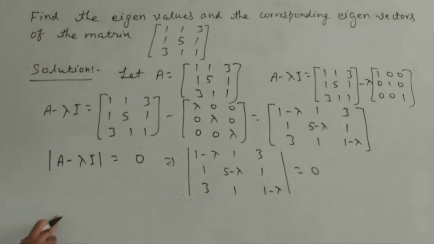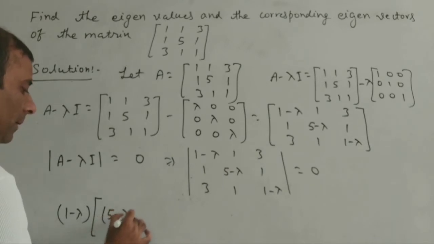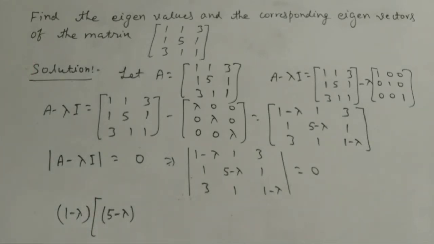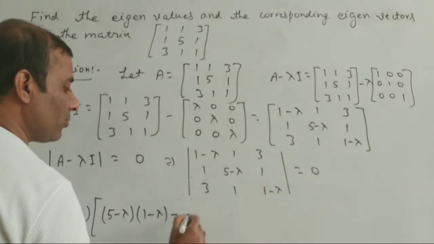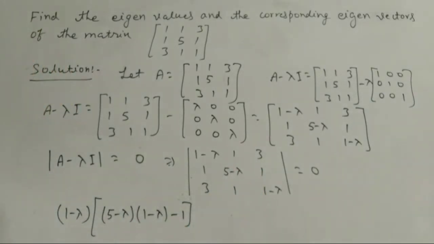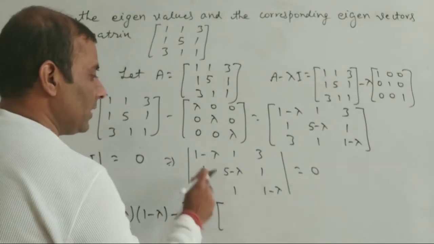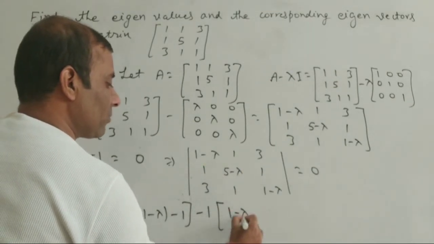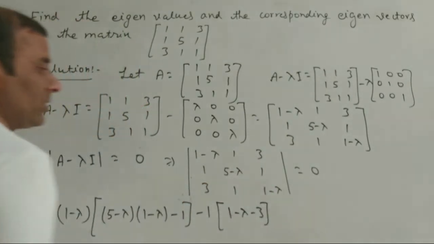So it becomes 1 minus lambda into (5 minus lambda into 1 minus lambda, minus 1 into 1, that is minus 1). Next one, negative sign, minus 1 into (1 into 1 minus lambda, that is 1 minus lambda, minus 3 into 1, that is minus 3).